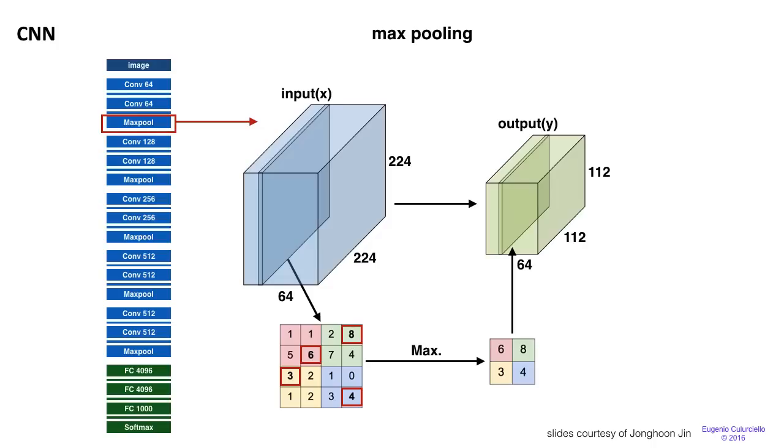For each group, we pick the maximum, and then we put them in the map that is just below, the output in green. So this is how the actual operation is performed. And so these three modules, convolution, threshold or nonlinearity, and max pooling, are really the workhorse of the convolutional neural network.